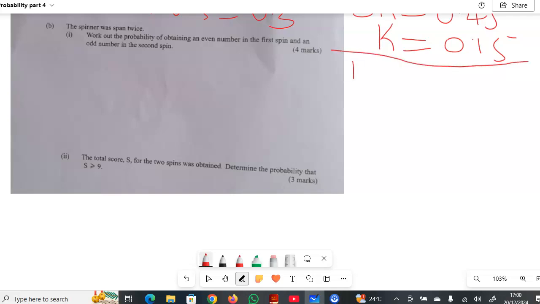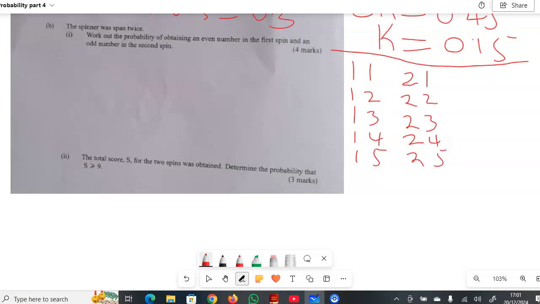You can have 1 with 1, the second one, or 1 with 2, or 1 with 3, 1 with 4, 1 with 5. You can still have the first number being 2 with 1, 2 with 2, 2 with 3, 2 with 4, or 2 with 5.